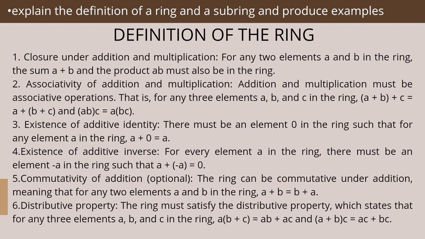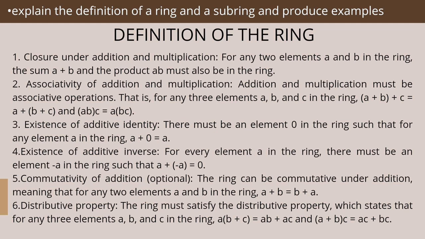For every element A in the ring, there must be an element negative A in the ring such that A plus negative A is equal to 0. Number 5, commutativity of addition. The ring can be commutative under addition, meaning that for any two elements A and B in the ring, A plus B is equal to B plus A.